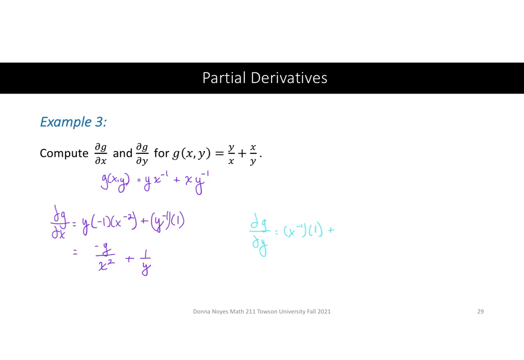And for the second term, the x is considered a constant, and the derivative of y to the negative 1 with respect to y would be negative 1 times y to the negative 2. So here we end up with 1 over x minus x over y squared.